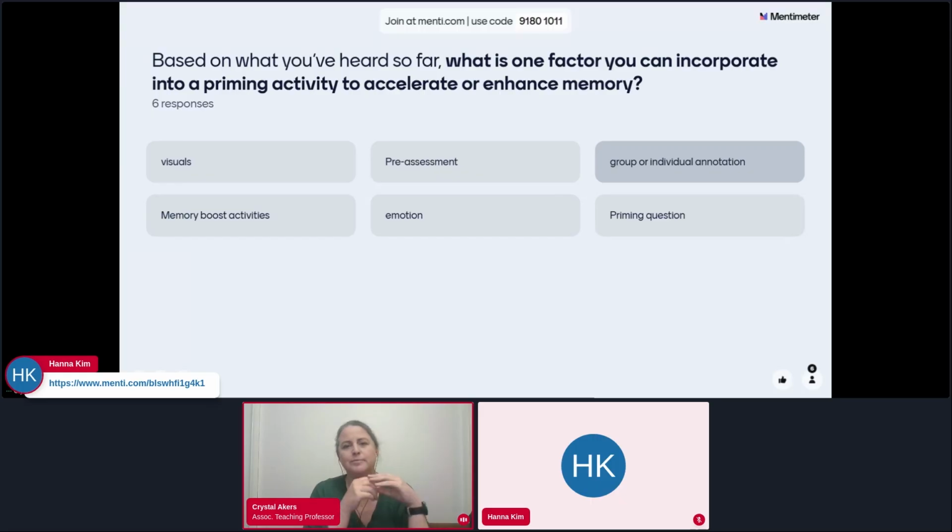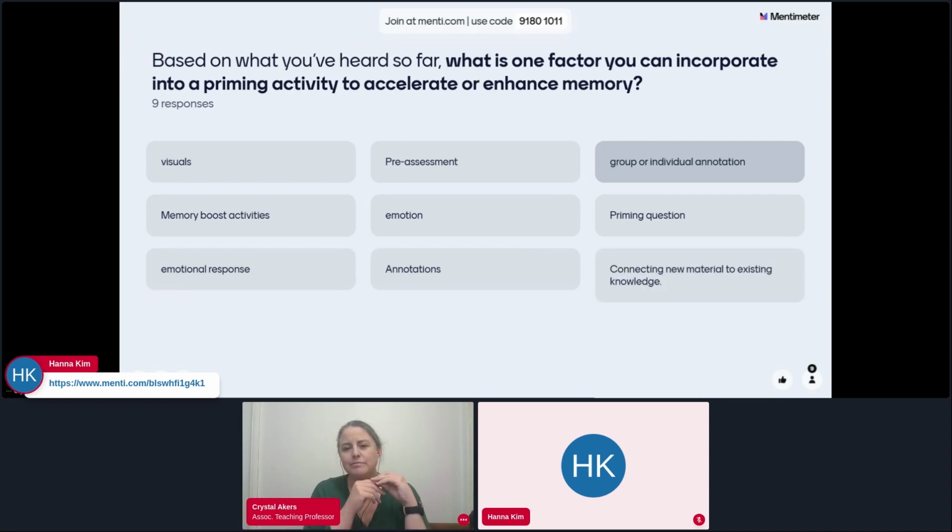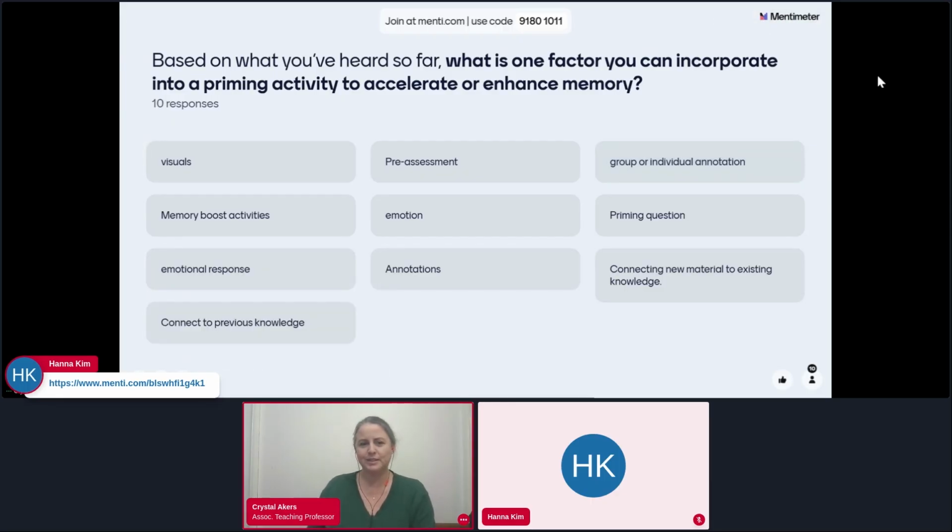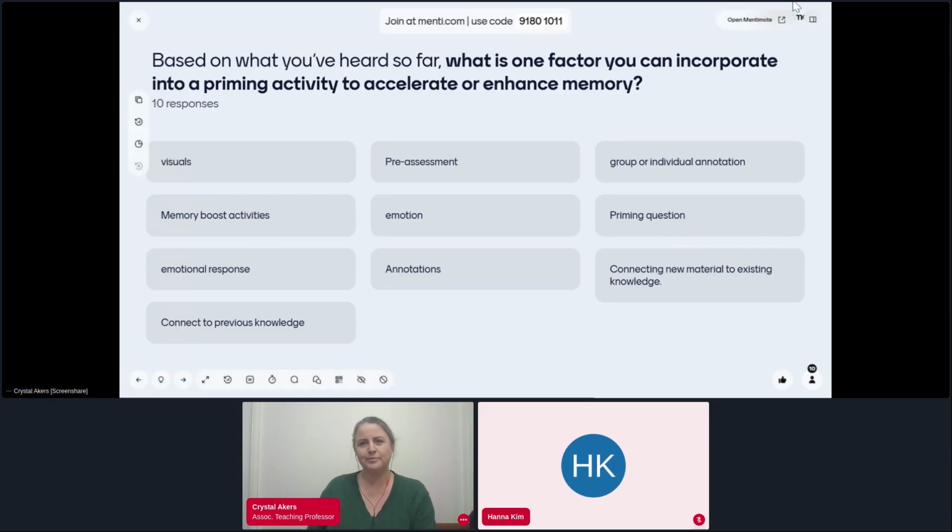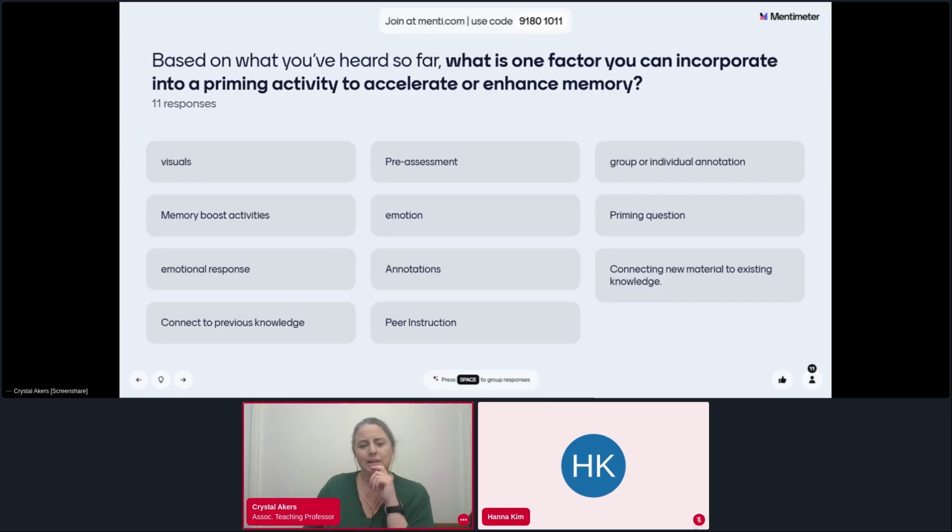Priming question. Emotional response, annotations. Connecting new material to existing knowledge. Yeah, we got those connections here. Peer instruction.